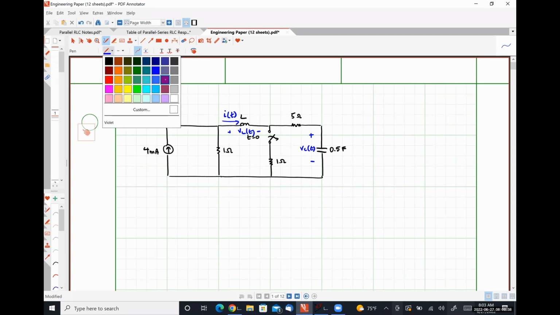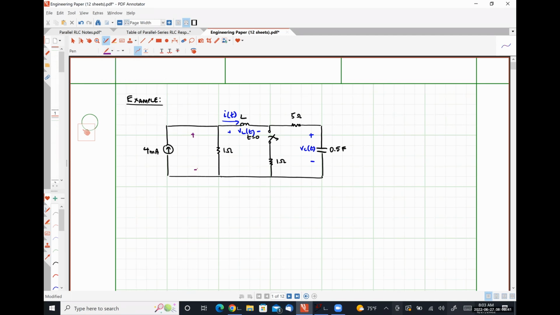Our quantity of interest is this voltage, which I'm going to label Vx of t, which can be thought of as the voltage drop over the 1 ohm resistor to its right, or the voltage drop over the 4 milliamp current source to the left.